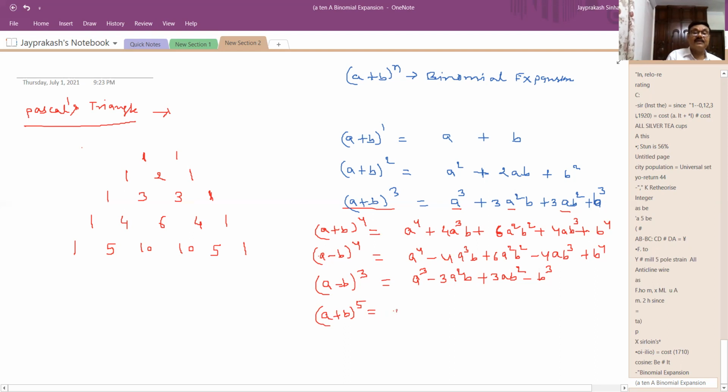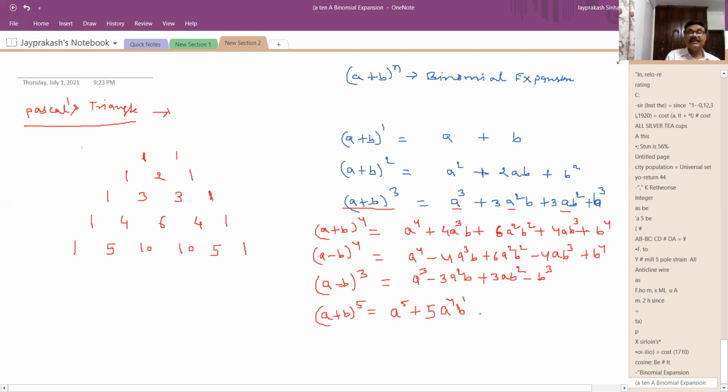You can start from a to the power 5. Then the coefficient is 5. Reduce the power of a by 1, a4. Increase the power of b by 1; here the power was 0, now the power will be 1, so whether you write it or not doesn't matter.